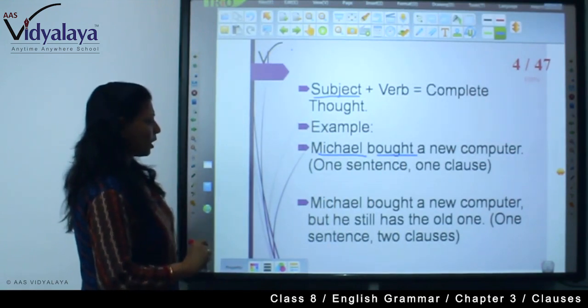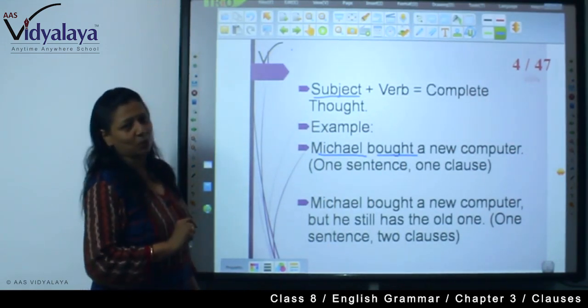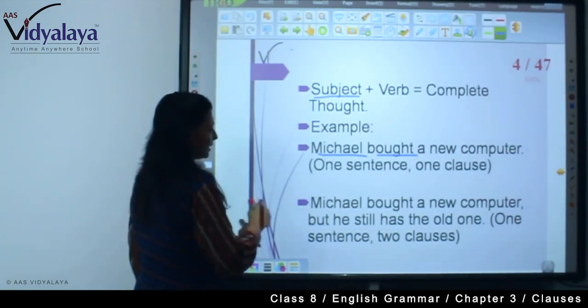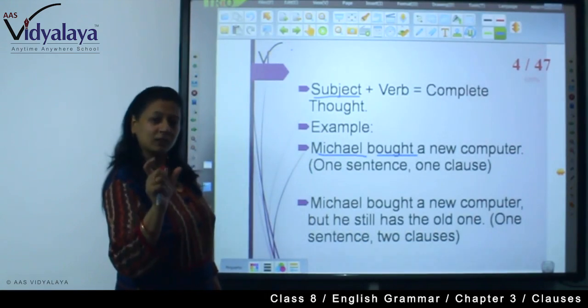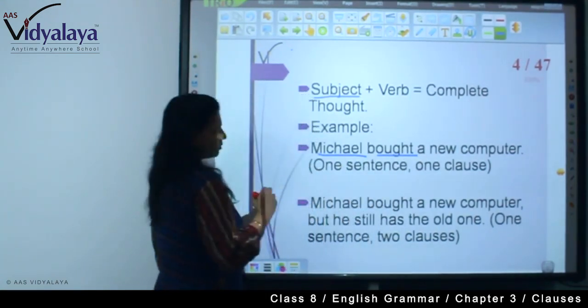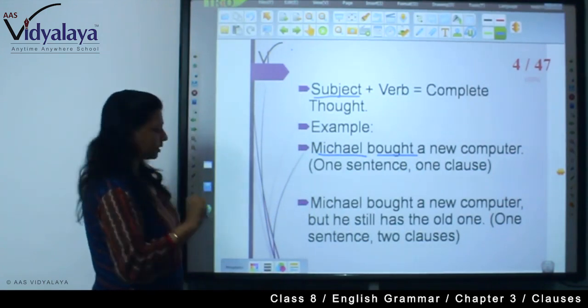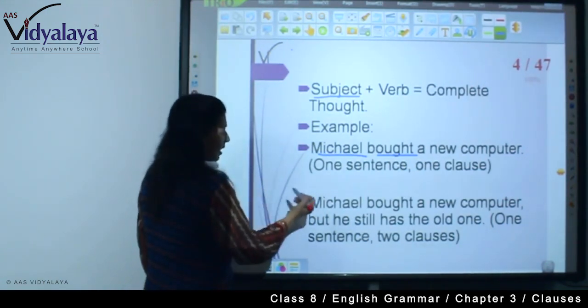Now, Michael bought a new computer but he still has the old one. Now here you see there is a verb. What I have said is that a clause is a part of a sentence. Earlier you saw one clause, one sentence, the smaller one. But here you are seeing two clauses. See here.